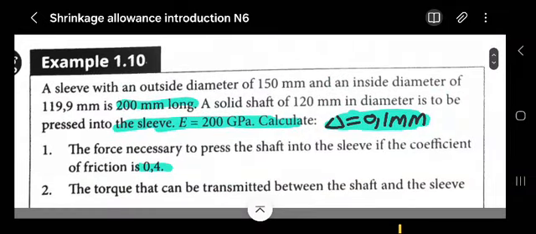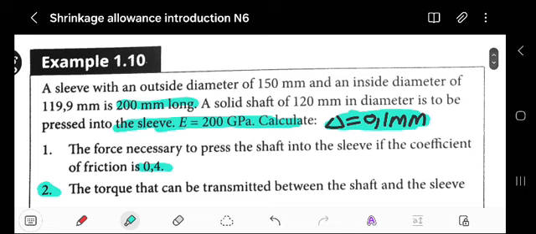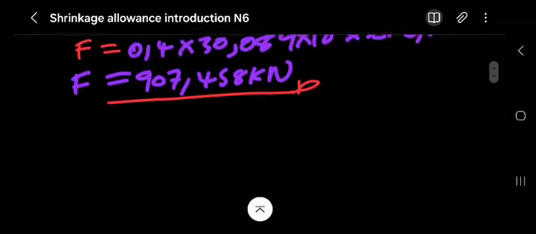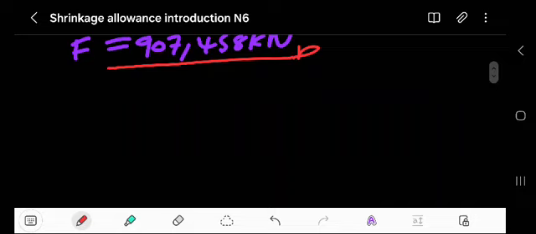So question 2 says, the torque that can be transmitted between the shaft and the sleeve. The torque, it's simply one equation. You know that the torque is equal to force multiplied by Rc, the common diameter.